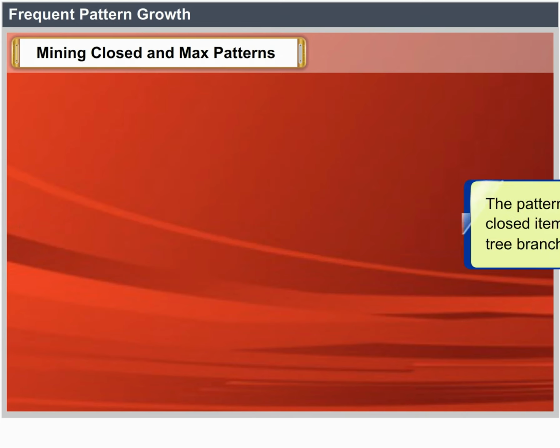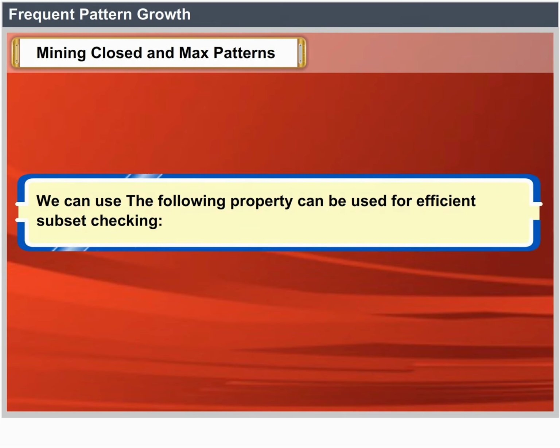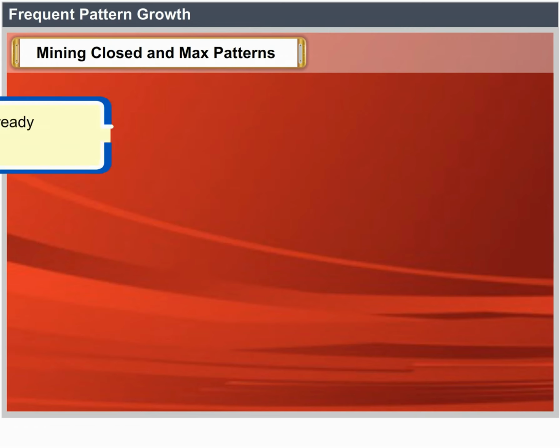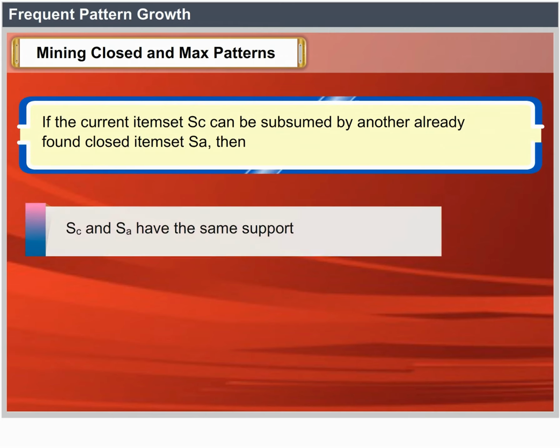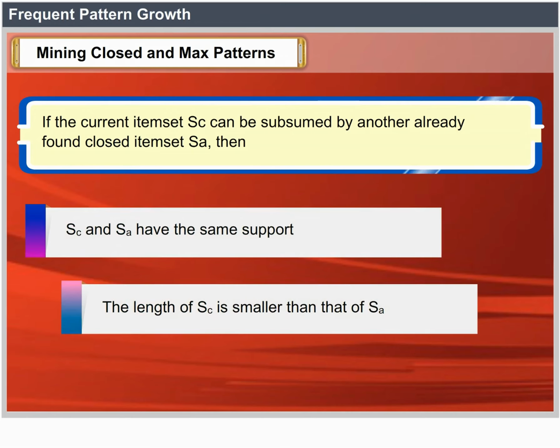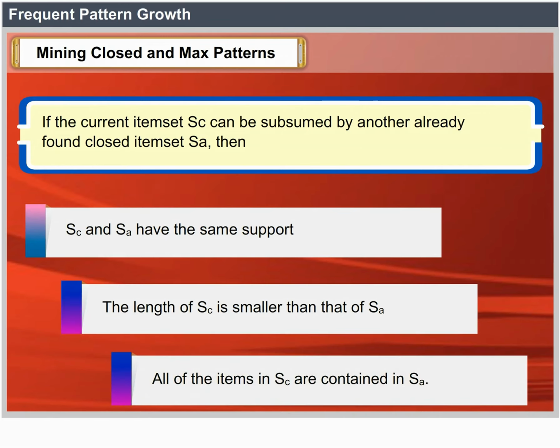For efficient subset checking, we can use the following property. If the current item set Sc can be subsumed by another already found closed item set Sa, then Sc and Sa have the same support, the length of Sc is smaller than that of Sa, and all of the items in Sc are contained in Sa.